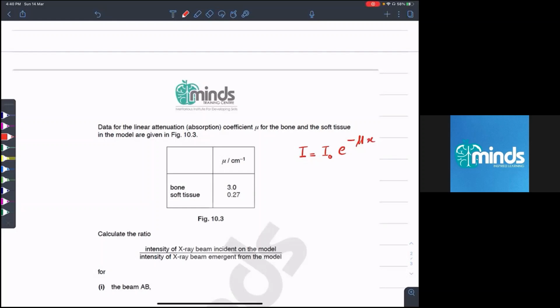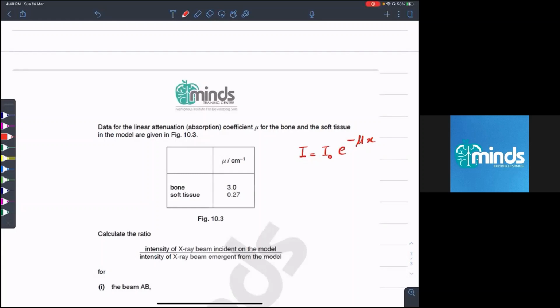Ma'am, just to remind you, when we were discussing radioactivity, we discussed this kind of formula. Yes, sir. So this is the prototype. Whenever something is decaying exponentially, something is suffering attenuation. Attenuation means decrease in intensity.